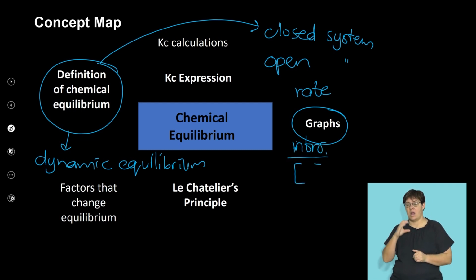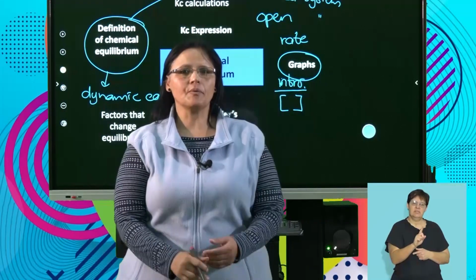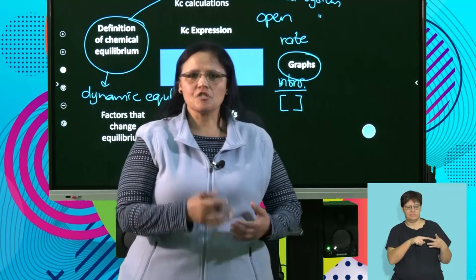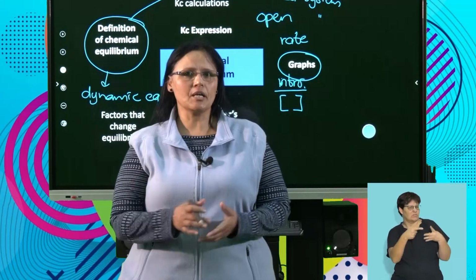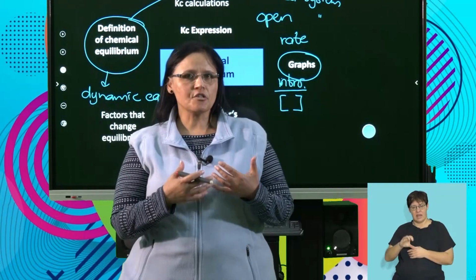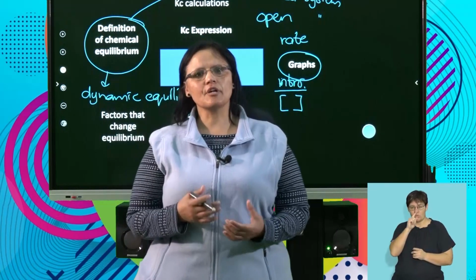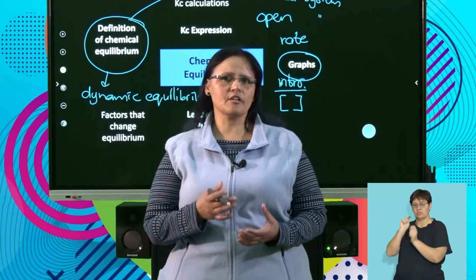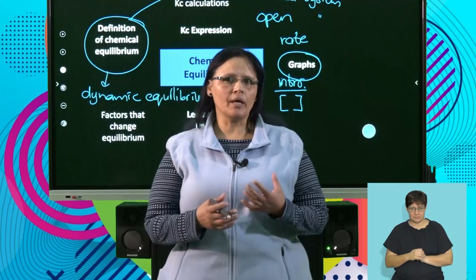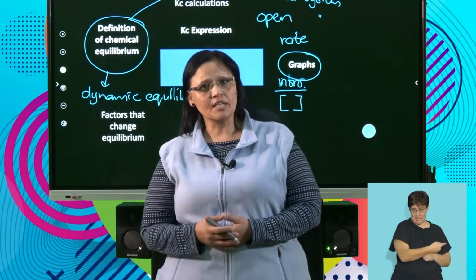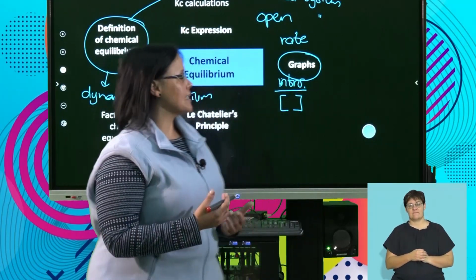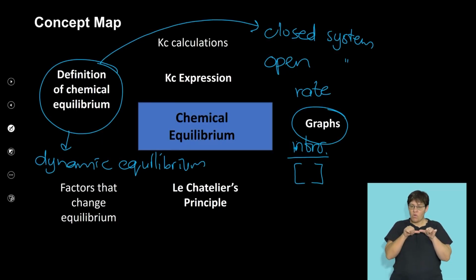So what we want to do today is, we have now spoken about what chemical equilibrium is, and what the features of chemical equilibrium and dynamic equilibrium are. I want us to now expand on it and look at the changes in the concentrations while we are doing these reactions, the forward reaction and the reverse reaction, and what is constant.